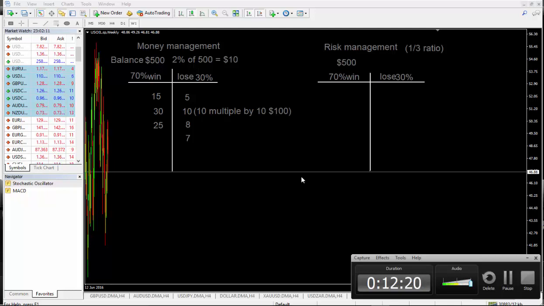Now if you have good risk management, meaning you see the 1 to 3 ratio, you don't mind losing $10 to gain $30, right? Now that's your risk management. You are risking $10 to gain $30.